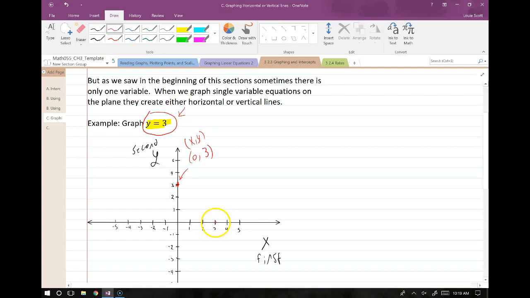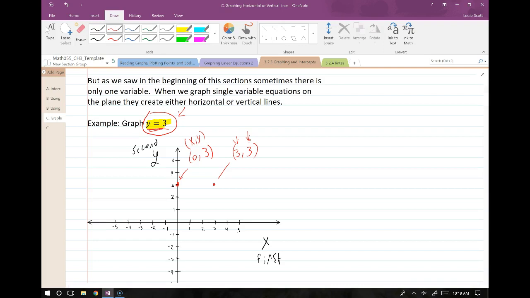What about this point over here? What if x were equal to 3 and then I went up to y equals 3? So this is the point 3, 3. x is equal to 3, but y is still equal to 3, which means this equation is true at this point, because y is equal to 3. In fact, any point where y is equal to 3 is going to make this equation true.